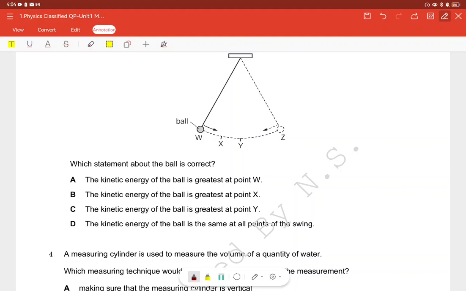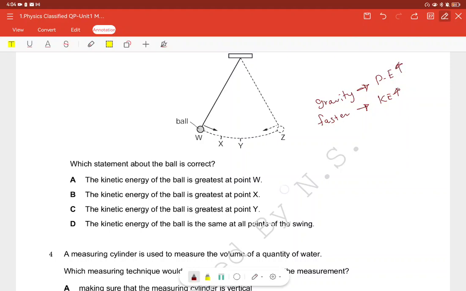First, let's review what potential energy is, where is the highest potential energy and where is the highest kinetic energy. Potential energy depends on gravity, right? So the higher the object, the more potential energy it has. Kinetic energy depends on movement. So the faster the object, the more kinetic energy, and the more gravity, the more potential energy.